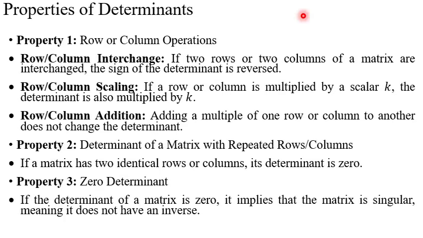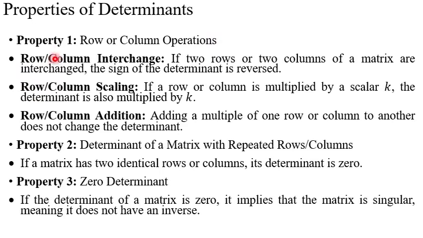The determinant you will compute by interchanging the rows or interchanging the columns will be a reversal, or let me just say the negative of the original determinant of the initial matrix.